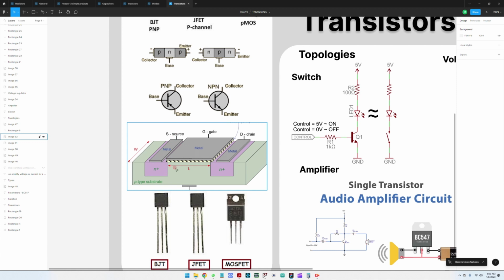Here you create a channel under the gate between the drain and the source, and this channel allows current to flow from the drain to the source. If there is no voltage between the gate and the source, the channel is destroyed, or it's not working, so then you would not have any current going from the drain to the source.